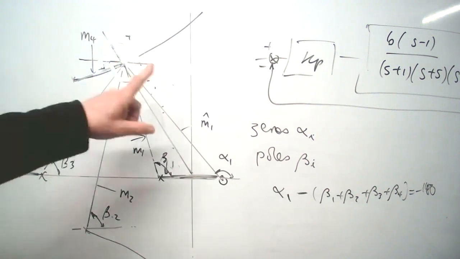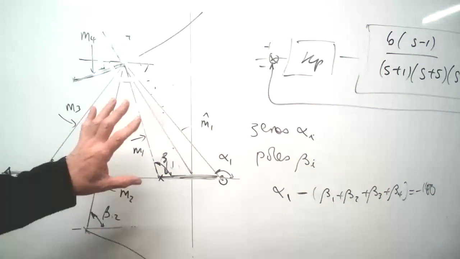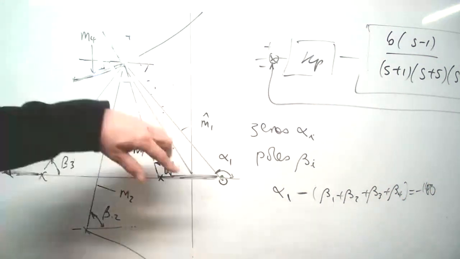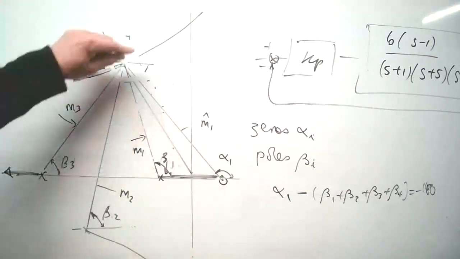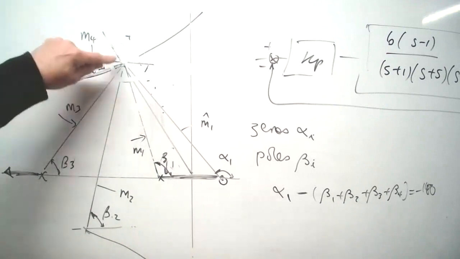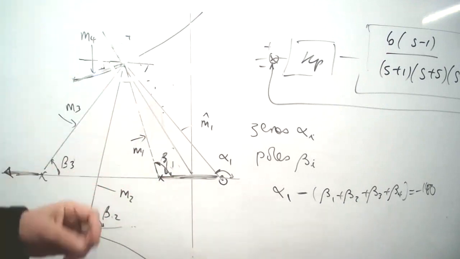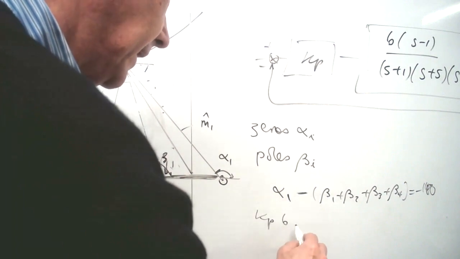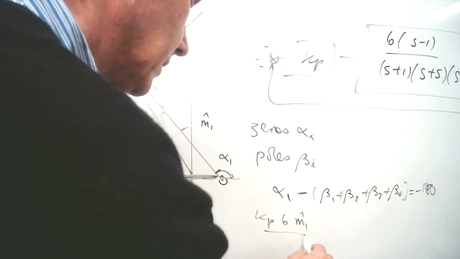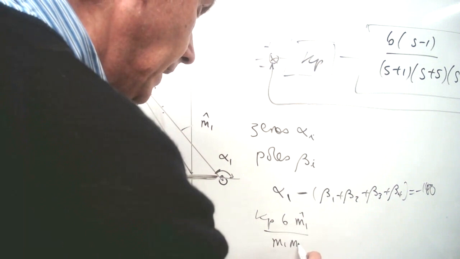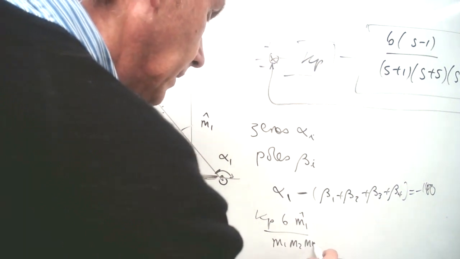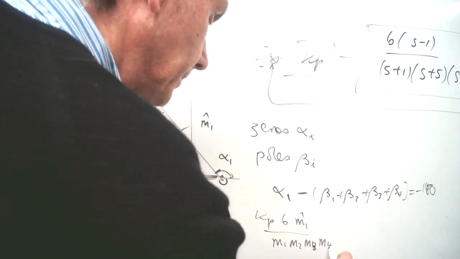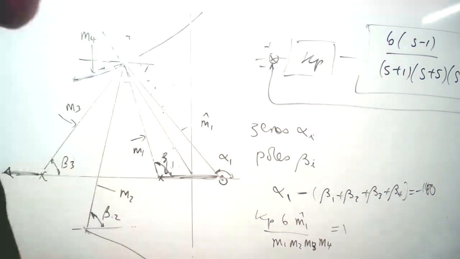We'll get there eventually. And then this equation, the angle criteria, is always true whether you're going up and down here or up and down here. And so the magnitude equation we read previously is also true. So it's going to be Kp times 6 times M1 hat over M1, M2, M3, M4 equals 1.